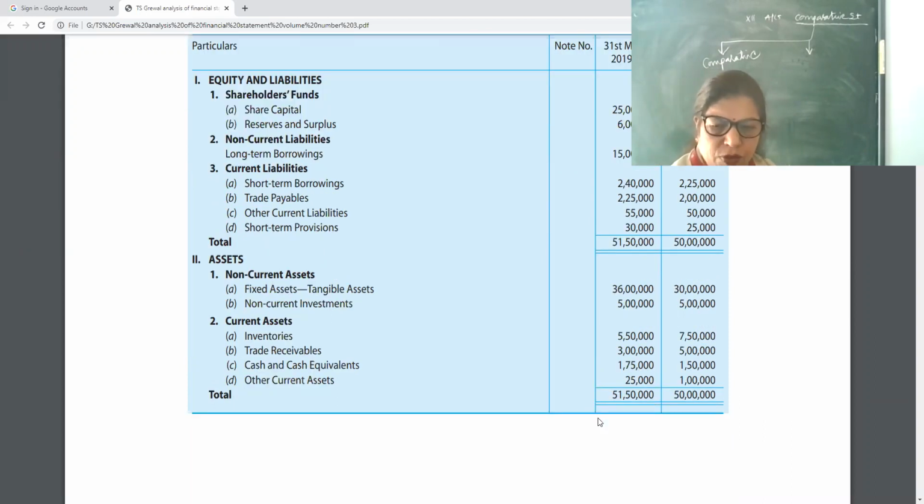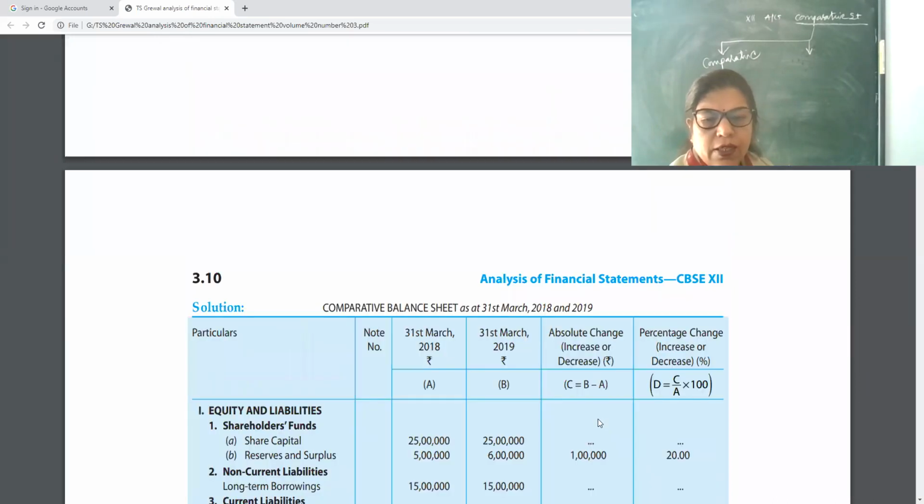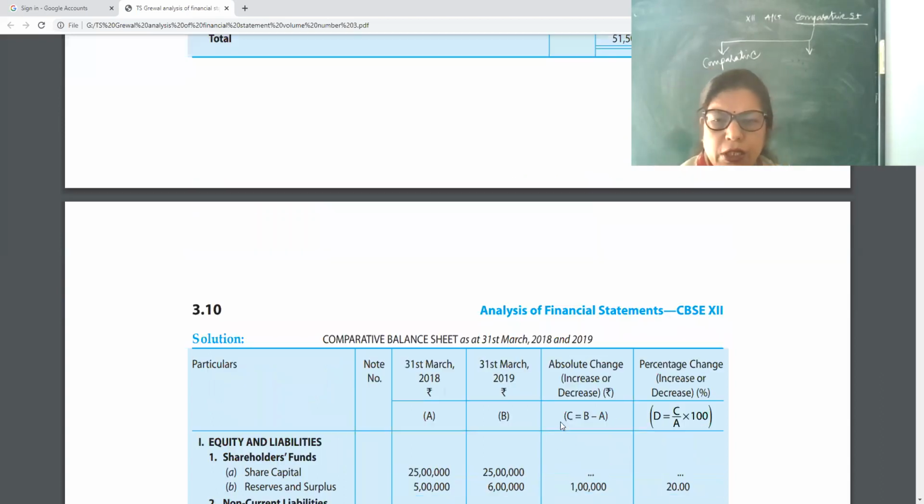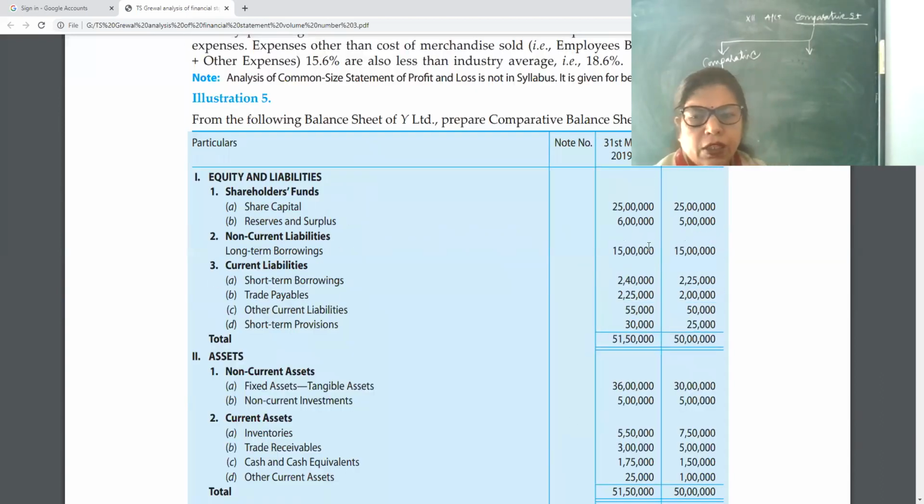Yes. In this way, now see the answer. It's very easy for you to make. Do you want to note down the question? Yes, please. First, share capital 25 lakh to 25 lakh. Reserves and surplus 5 lakh to 6 lakh. Long-term borrowings, no change, 15 to 15.